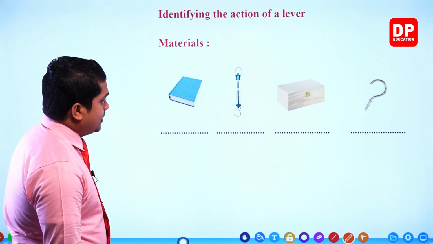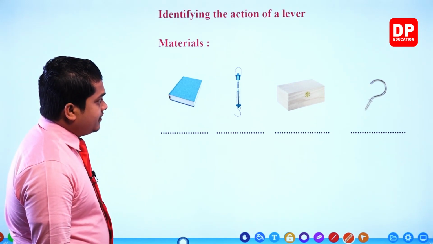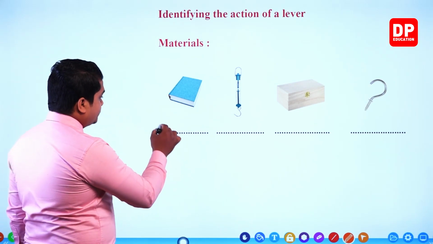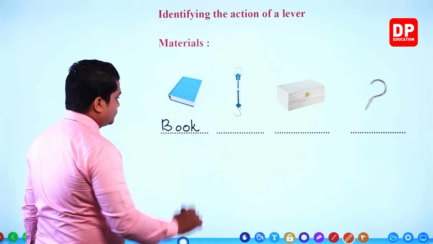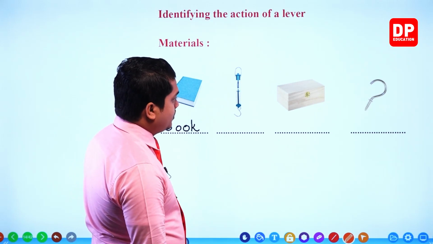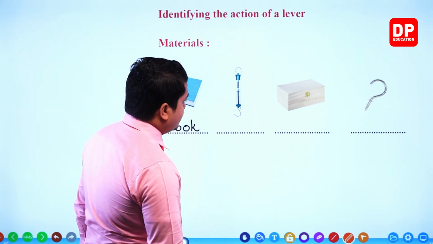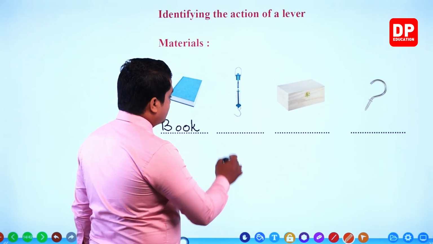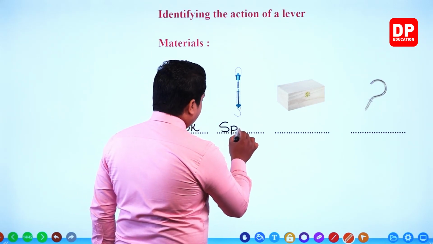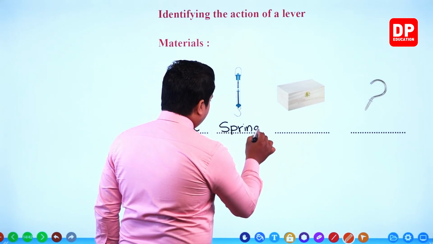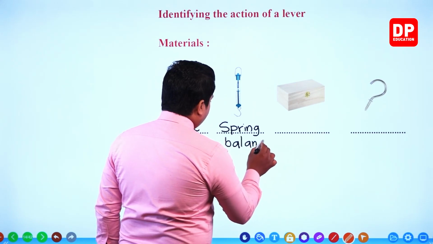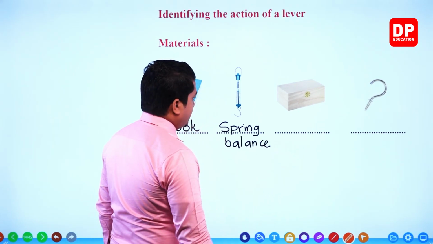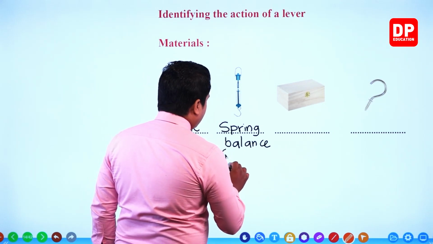Materials: first of all, we'll need a book. Then, my dear children, we'll need a spring balance, or else a Newton balance.